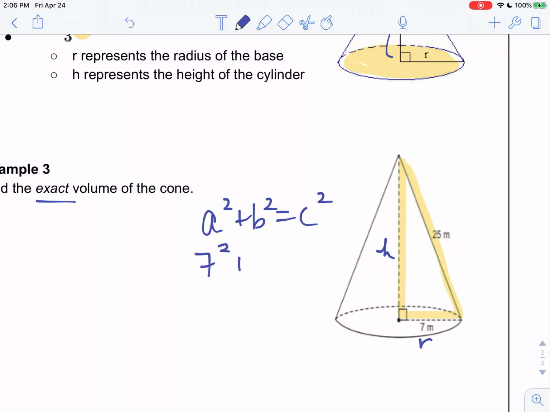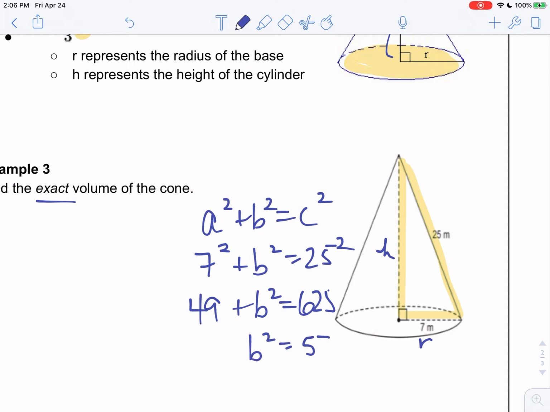So 7 squared plus b squared equals 25 squared. Okay, we have b squared equals 576 when we subtract 49 on both sides. And when we square root, we have that our missing height is 24 meters.